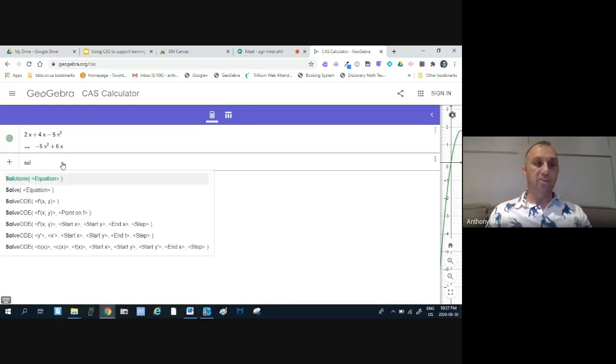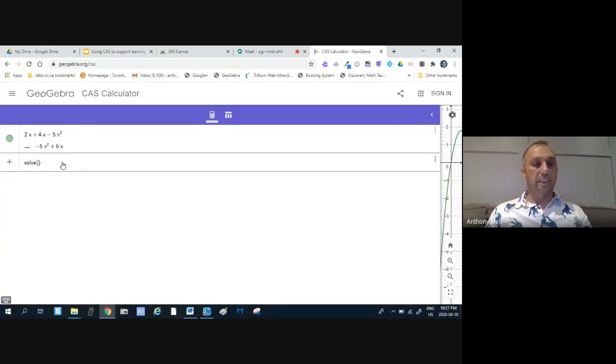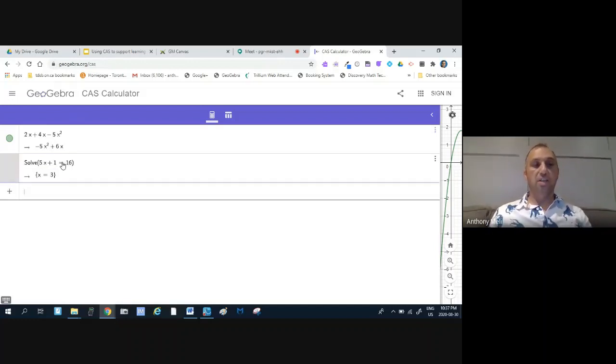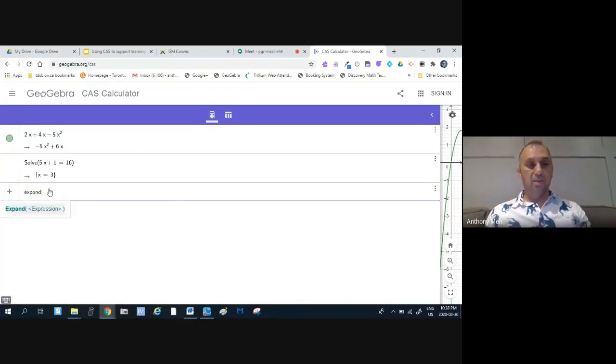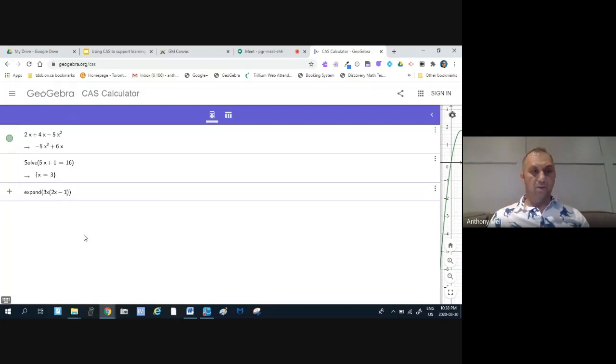I don't know, we could ask it to solve 5x plus 1 equals 16, and x equals 3. You notice I didn't have to tell it what variable to solve for, so the syntax is a little bit different than on the Inspire. Or I could, rather than ask it to expand, like I did on the Inspire, there's an example there.